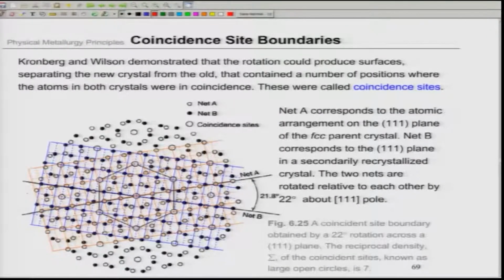So, finally, it is possible to make two lattices such that some points of the lattices fall on each other by rotation of the net B with respect to the net A by 21.8 degrees, that is about 22 degrees, about the 111 axis of the net A. So, this is what is known as coincident lattice.